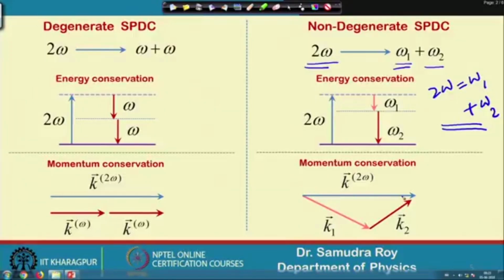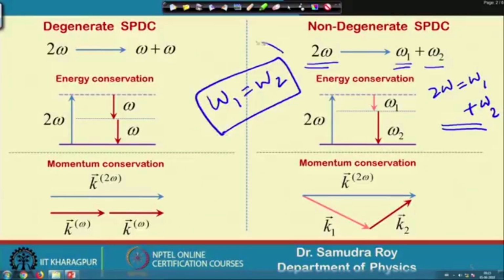Degenerate is a special case of non-degenerate spontaneous parametric down conversion. When omega 1 is equal to omega 2, then the non-degenerate becomes degenerate because they are the same, equal to omega. So, this is a more general case. Non-degenerate spontaneous parametric down conversion is the more general case, but right now we are studying the degenerate case.